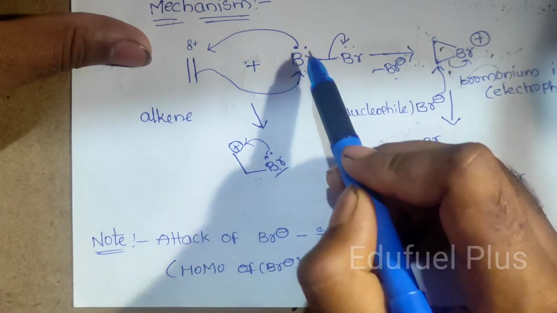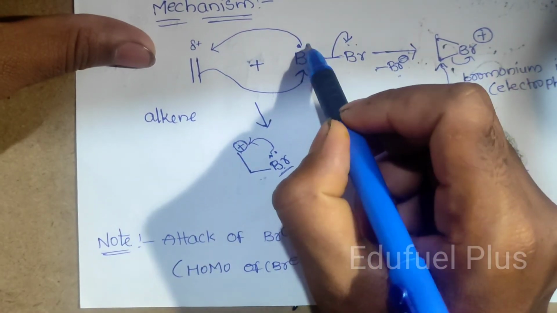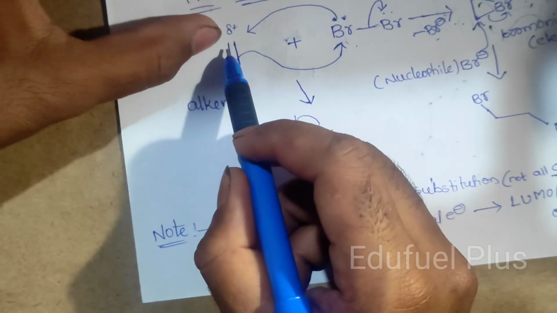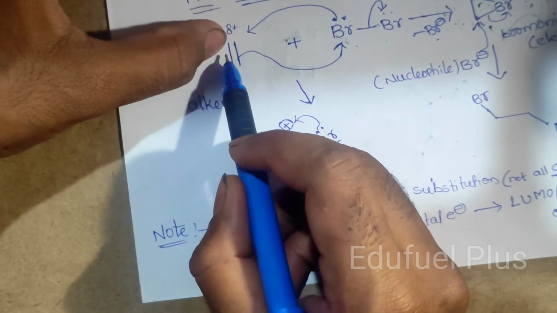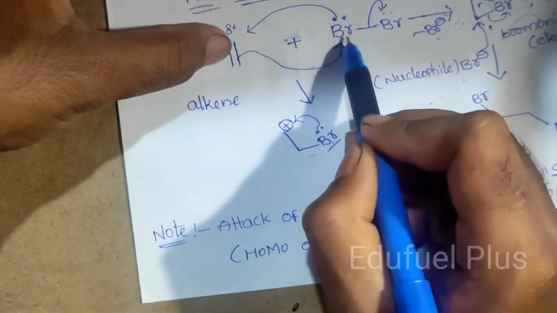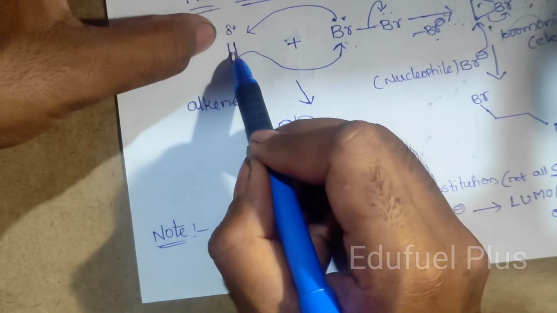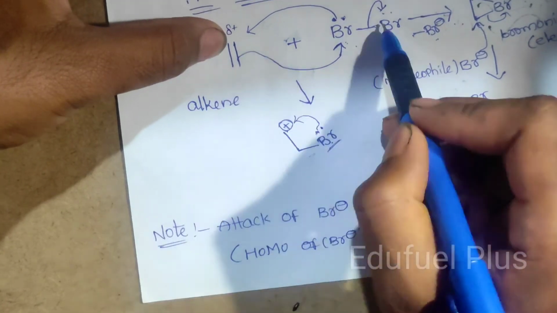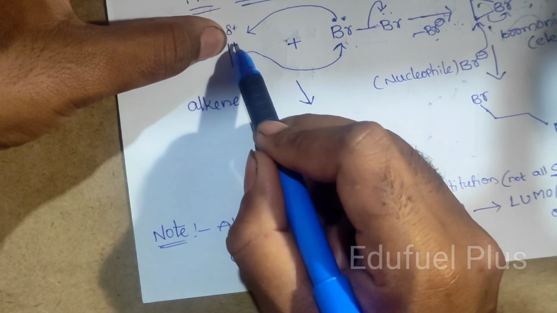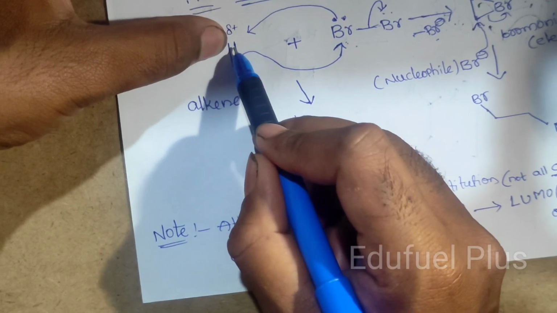Due to this pi bond donation, we have a positive charge. So the lone pairs present on this bromine are donated to the alkene carbon.